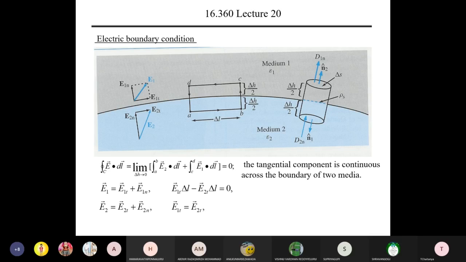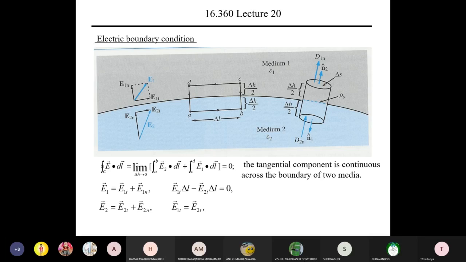So that is applicable for A to B. Actually this integral formula can be applied for path A to B, path B to C, path C to D, and path D to A. But the only possible paths we can apply are A to B and D to C, these two paths, for the individual mediums, and the rest of the two paths cancel each other because these two are symmetric.